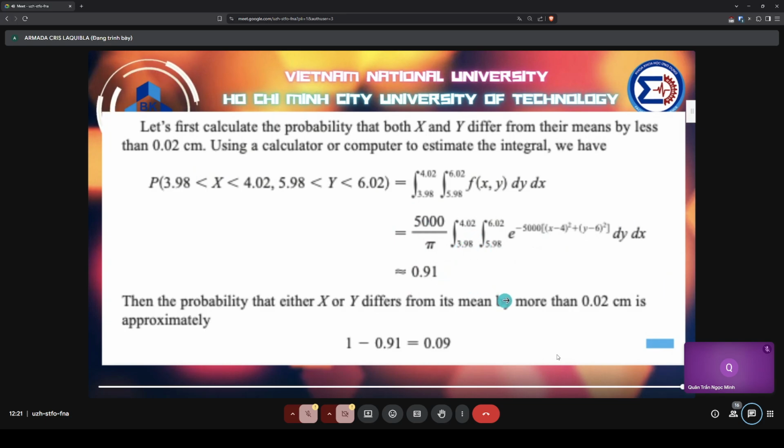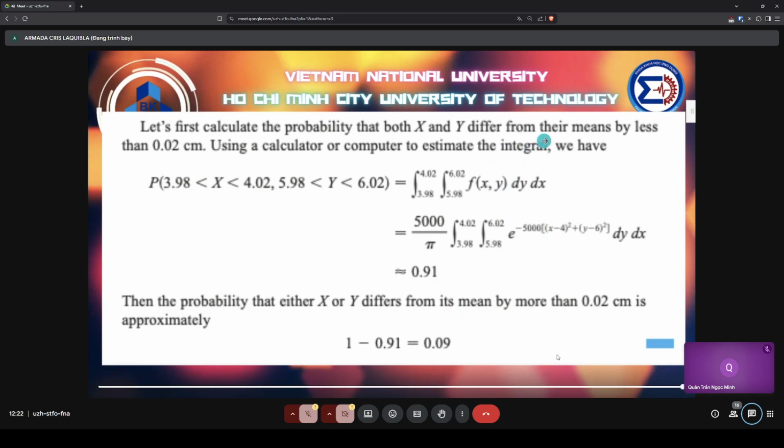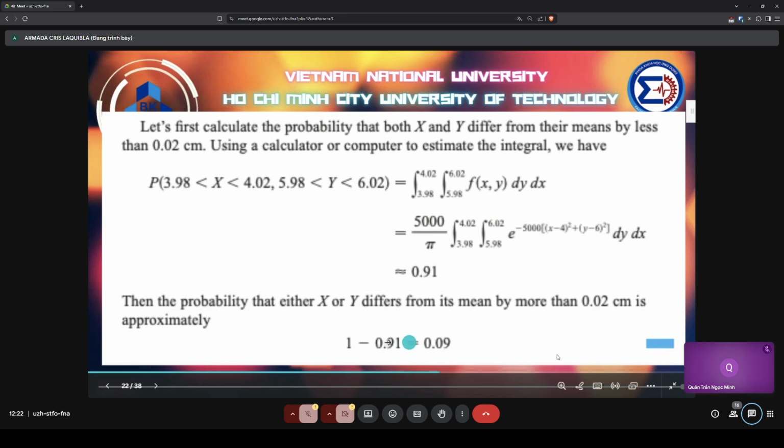And then that's it. You integrate individually and multiply it. It's 0.91. Now, what to do, class, since the question there is differ from the mean by more than 0.02. So minus that from 1, the answer is 0.09. Okay?